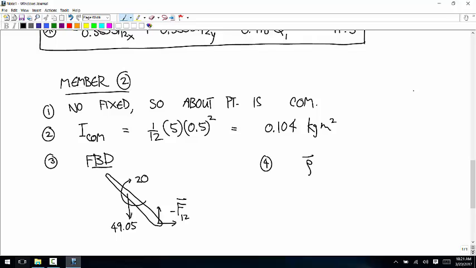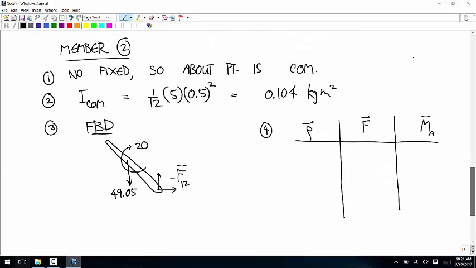So now rho, force, moment. Our about point this time is the center of mass. So for the weight force, the rho vector is 0. The force is 0, negative 49.05. No moment.